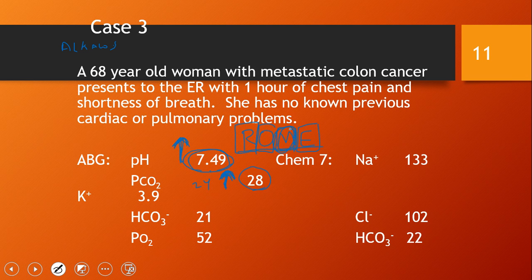So what do you know? We know already this is metabolic alkalosis. And now that you've been working the past few questions, logically thinking through why this is, now you have an acronym to help you in case you forget the logic behind it or get too stressed out to remember the logic behind it. Basically, you look at the CO2. This guy's CO2 is high, which normally would cause acidosis.